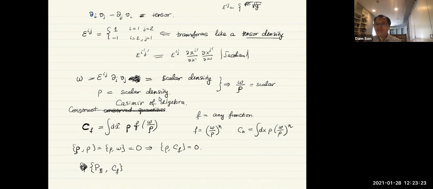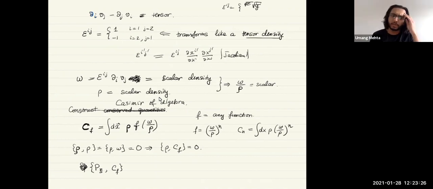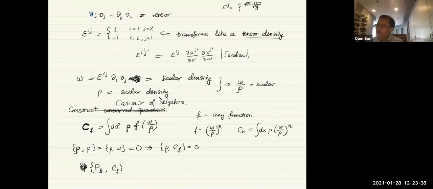But if we're working in flat space, can't we always define a metric as the one induced in whatever coordinates we're working in upon transforming from the Cartesian coordinates? That would be a separate quantity. It doesn't appear in the Poisson algebra at all. I see.